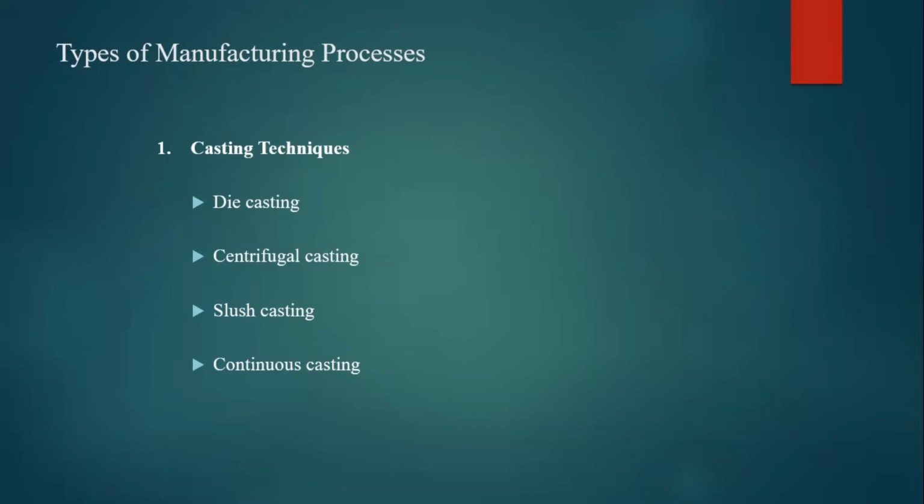And all these casting processes are the types of casting techniques, which is a type of manufacturing processes. We will discuss these processes later individually, separately, and how they are used to make the parts.